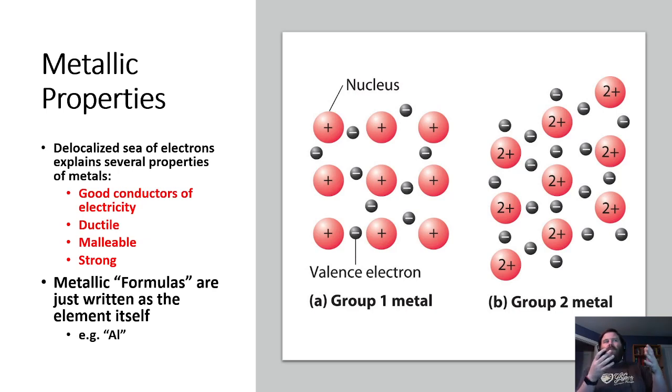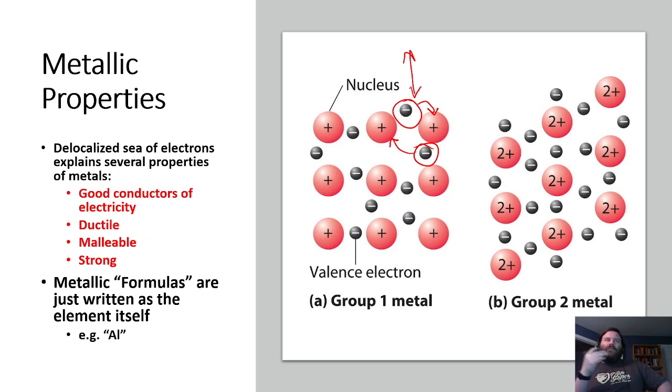And these delocalized electrons, because they're not attached to any particular nucleus, are able to move in more or less any direction pretty much freely. And so that allows electricity, aka electrons, to flow through a metal very well.